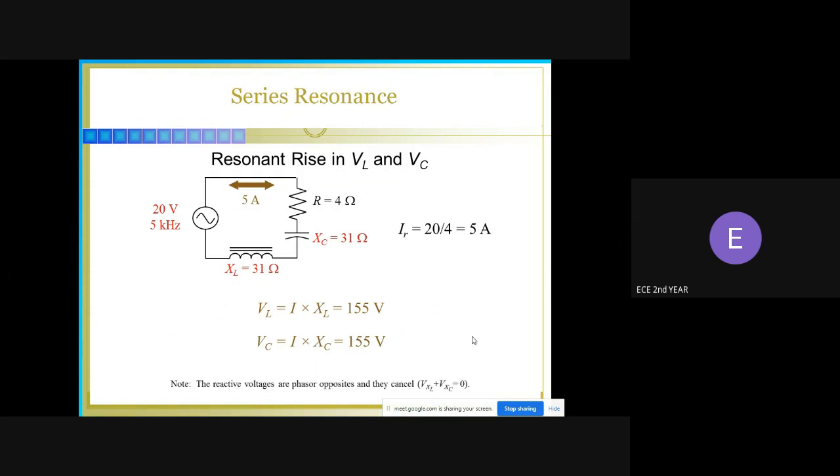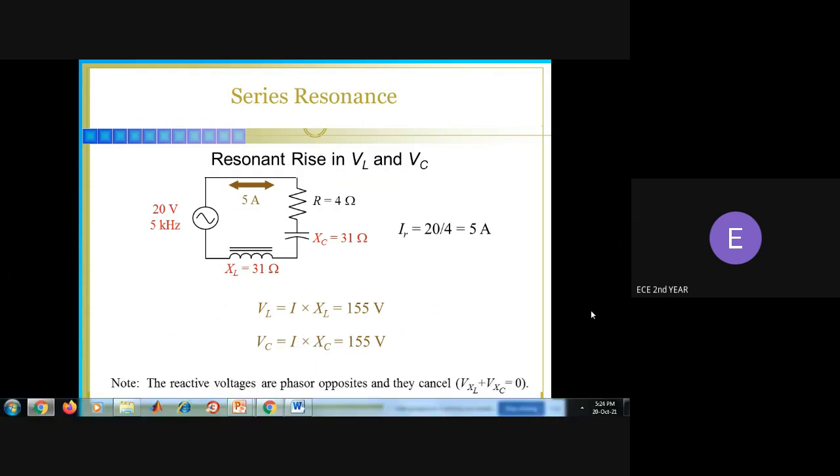We can take a small example of a series resonance circuit. What will happen? There is a resonant rise in VL and VC. A 20 volt, 50 kilohertz supply is given. Here R is 4 ohm, and XC, the capacitive reactance, is 31 ohm, and the inductive reactance is also 31 ohm, both having the same value.